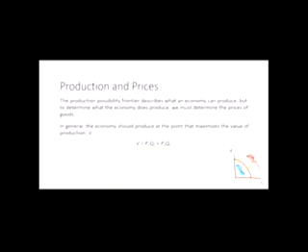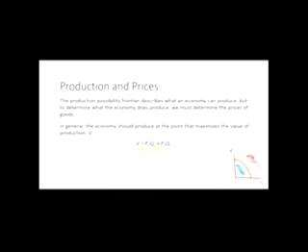Using the same equation, we can derive the iso-value line. What is an iso-value line? It represents a constant value for a specific production. So let us go back to the main equation that we have discussed. V equals PC into QC plus PF into QF.